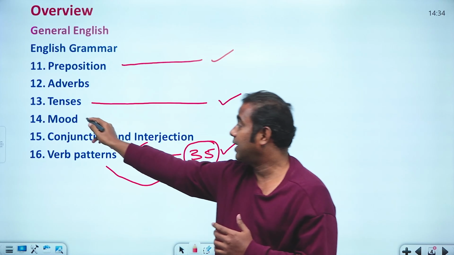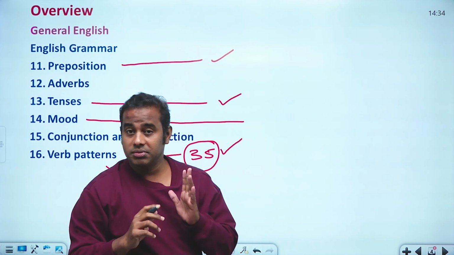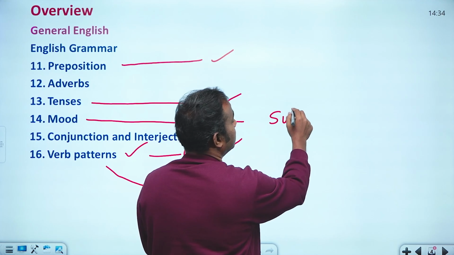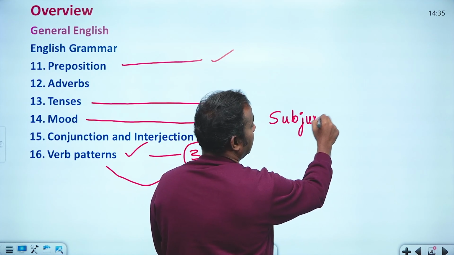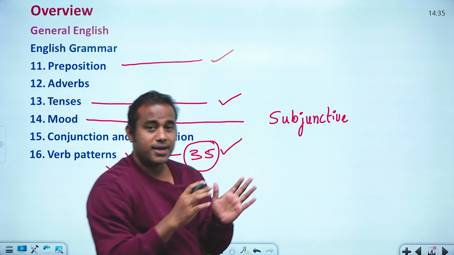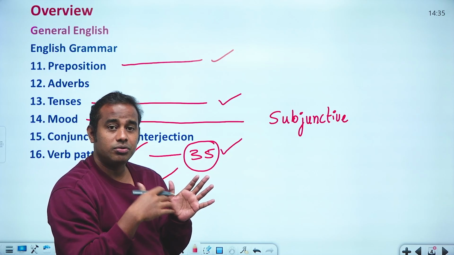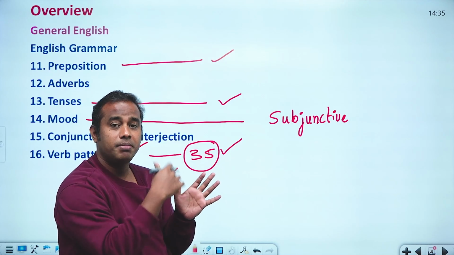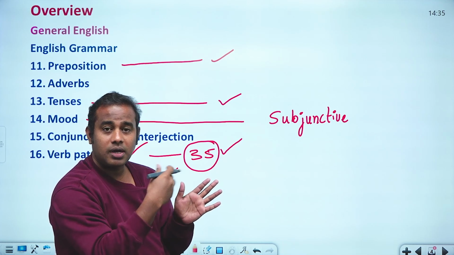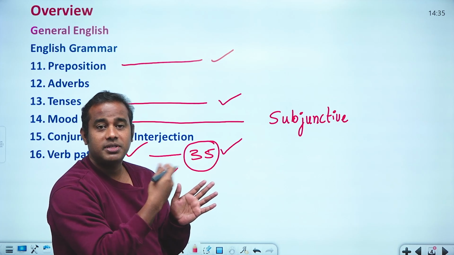Sometimes in the case of mood, this is where many students make mistakes. For example, in the subjunctive mood, how the grammar point works, which verb should come, whether the base verb should come, or whether the verb should agree with the pronoun or noun as singular, plural, first person, or third person.